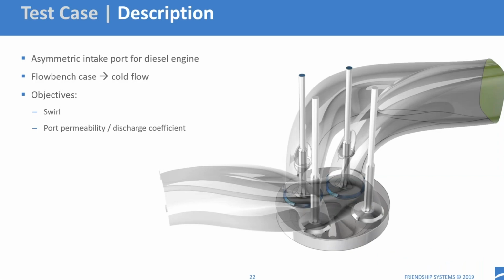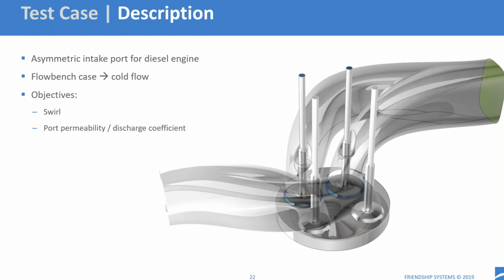The case that we have here is an asymmetric intake port for a diesel engine, and we're basically running it as a flow bench case. So we have a cold flow, no moving piston, but the flow comes in through the intake port and then goes out the bottom of the elongated cylinder, and the swirl is measured there.